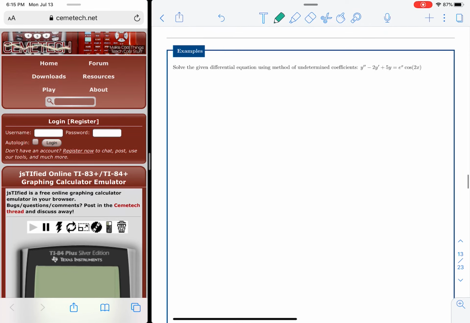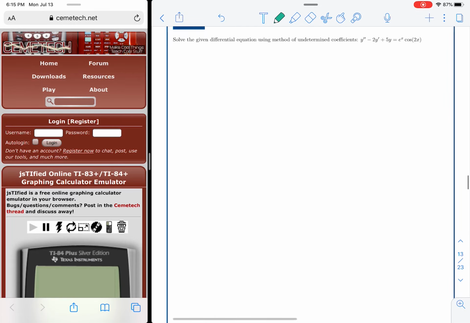So here we have a differential equation, non-homogeneous of course. The right hand side g of x is e raised x multiplied by cosine 2x. So the associated homogeneous equation is y double prime minus 2y prime plus 5y equals 0.